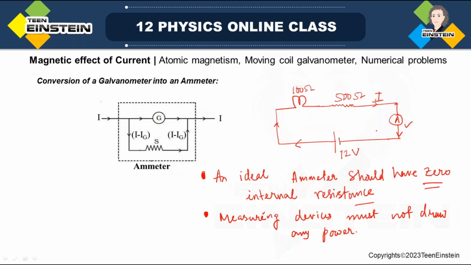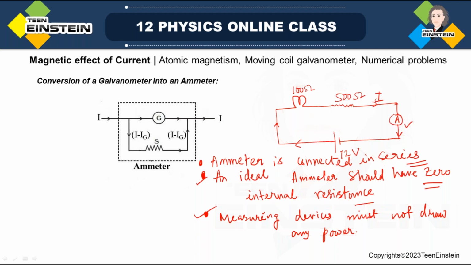So we have seen that an ammeter is connected in series. Always an ammeter is connected in series to measure the current in the circuit, and the current does not get affected if the measuring device doesn't draw any power.